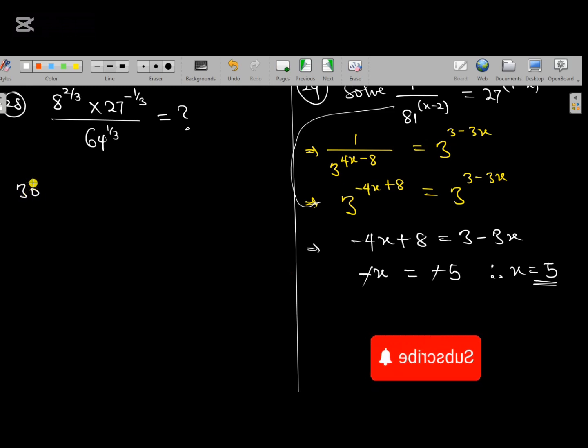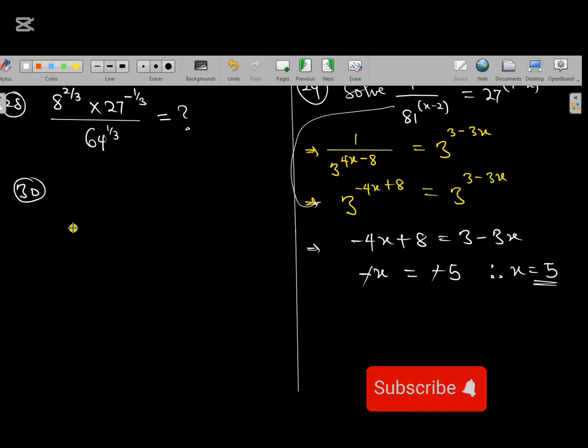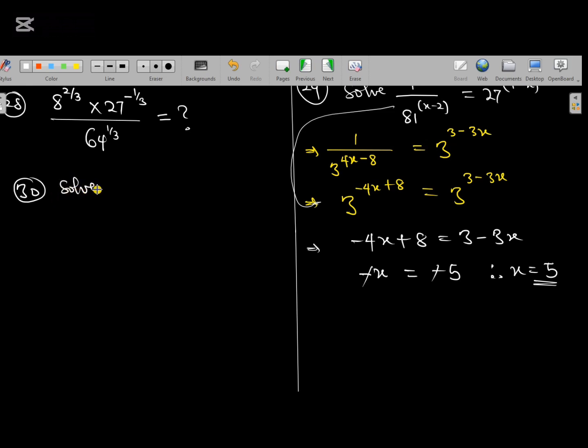Oh, hooray, we are in the last problem, number 30. Wow, what a journey we've had. Number 30 happens to be 2 in number. So they said we should solve the following, and they gave us the first one: is 4 to the power of x equal to 0.5? This is very simple. Remember I said once there is a decimal number, change it to a fraction.